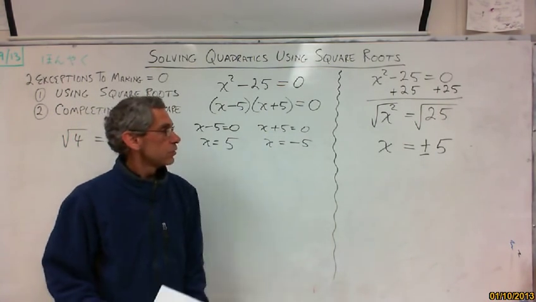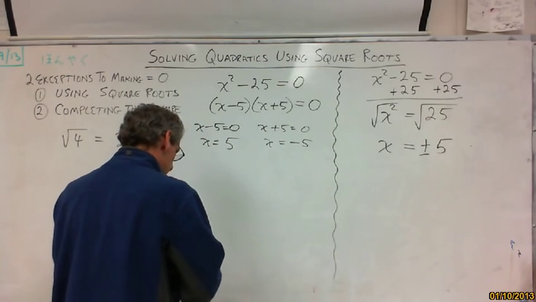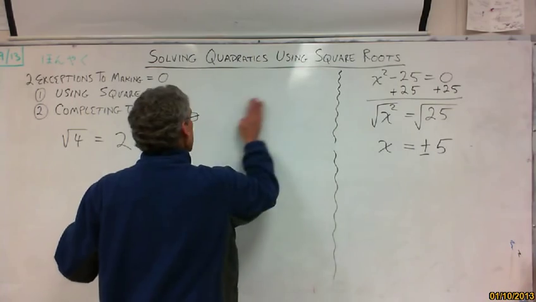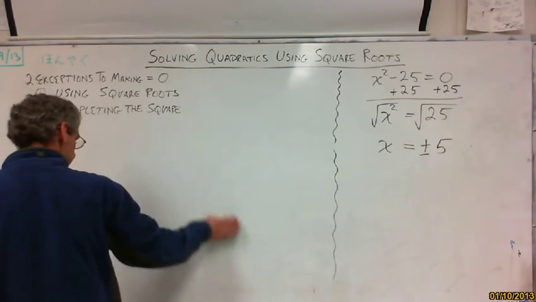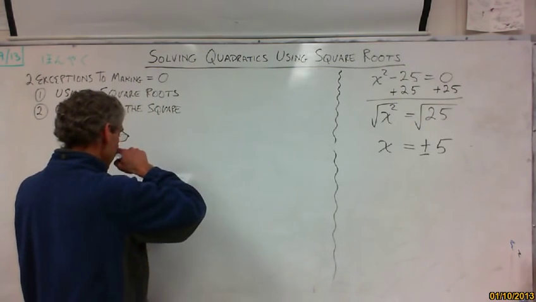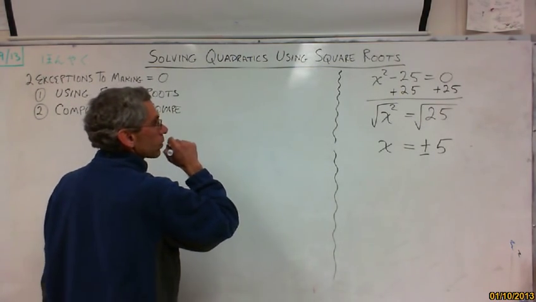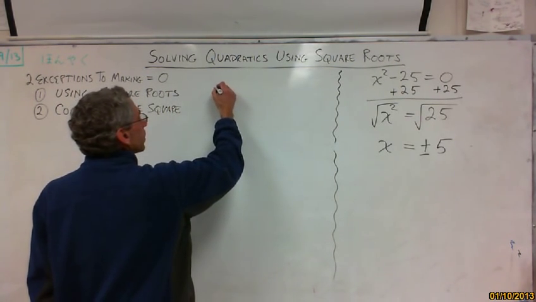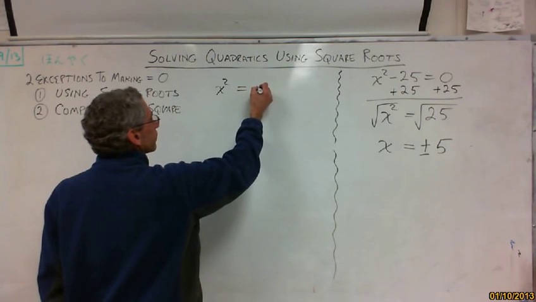Now that we've seen that, let's do a couple. And then we'll gradually make them a little harder. All right, so let's say we do this one. I'll just write them in fairly easy.